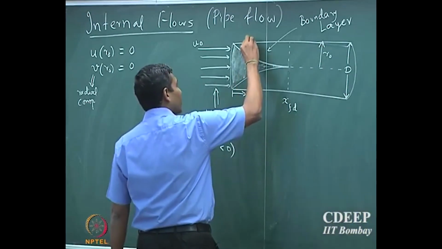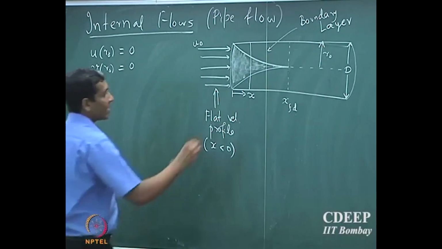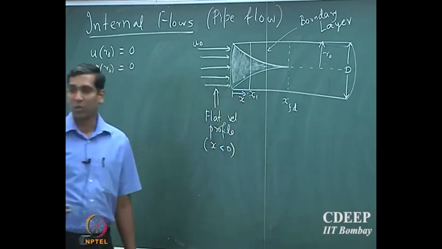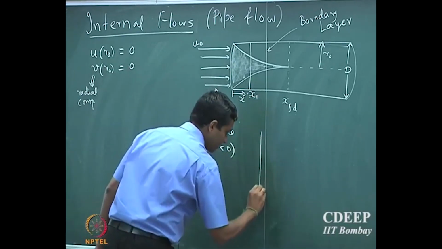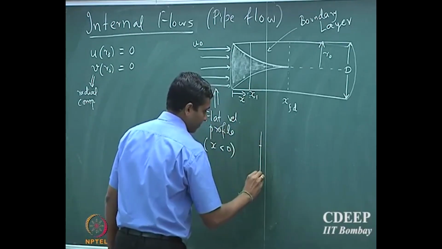Now suppose I draw the velocity profile at position x1. This is the location of the boundary layer.